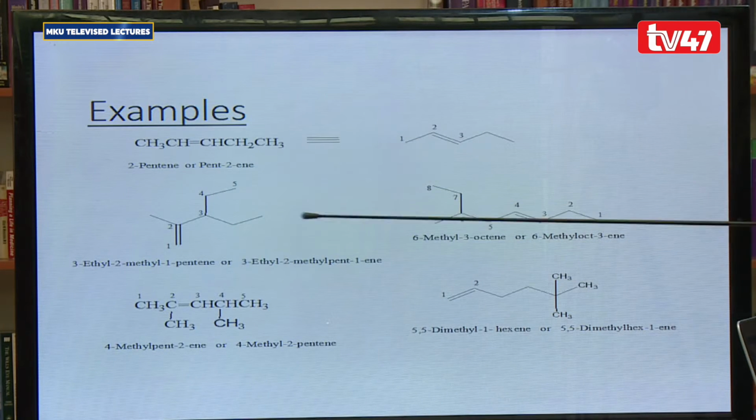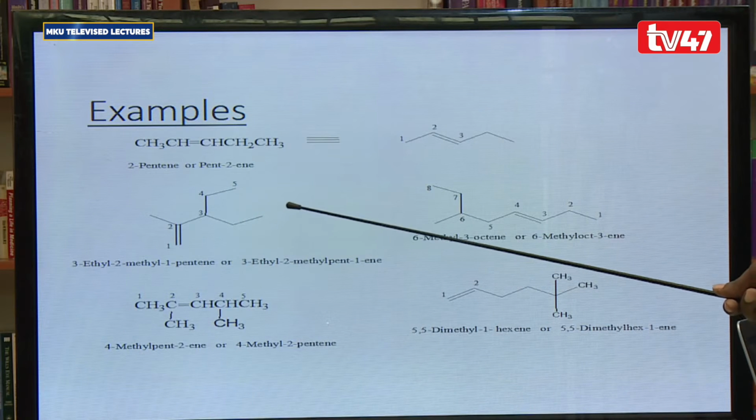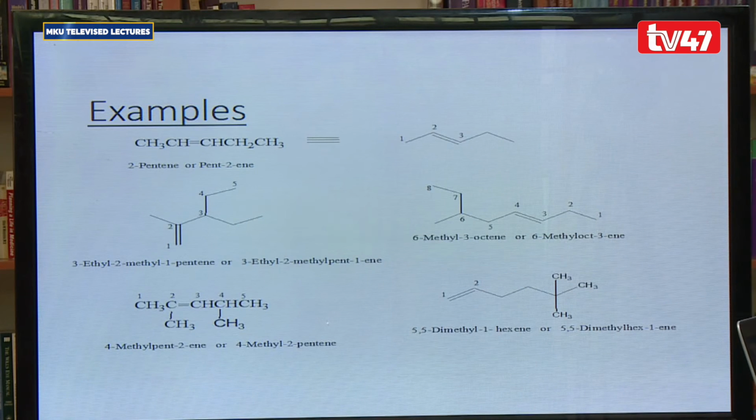You could have gone this way or that way. The result would have been the same. And so in position 3, you have an ethyl group. So 3-ethyl, 2-methyl, 1-pentene, or you can call it 3-ethyl, 2-methyl, pent-1-ene, because you have to indicate where the position of the double bond is.